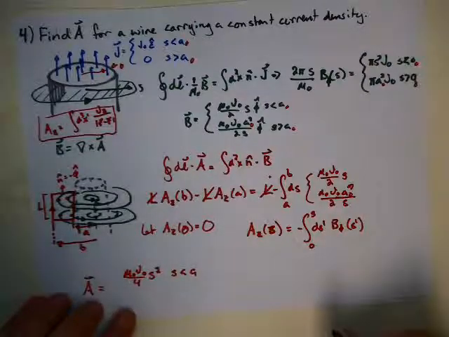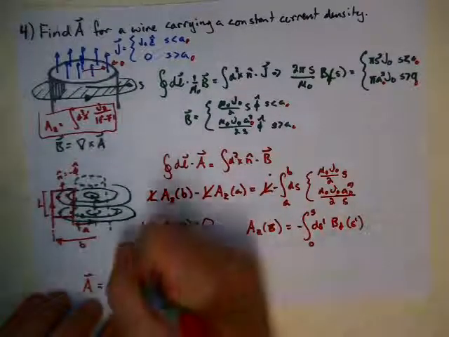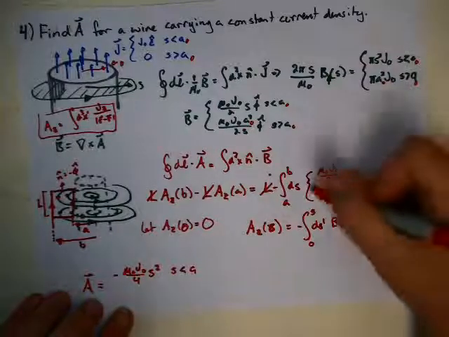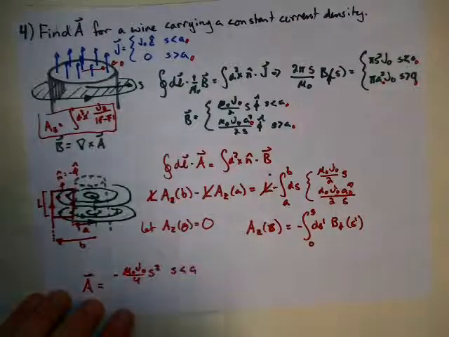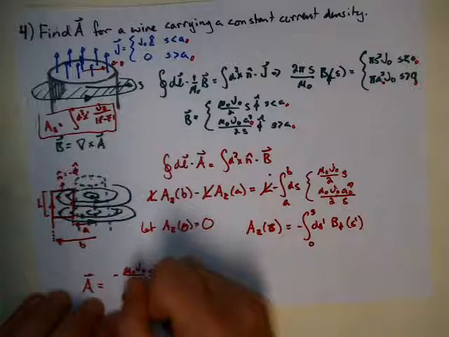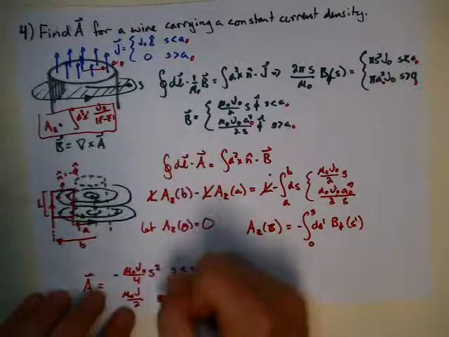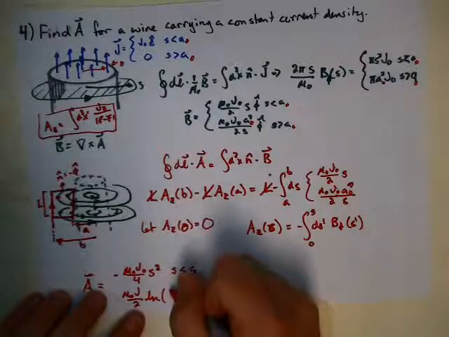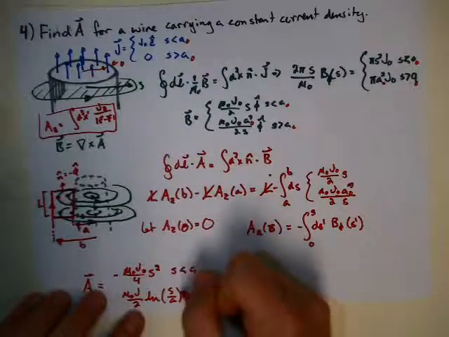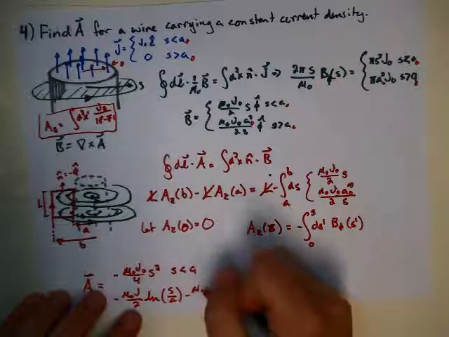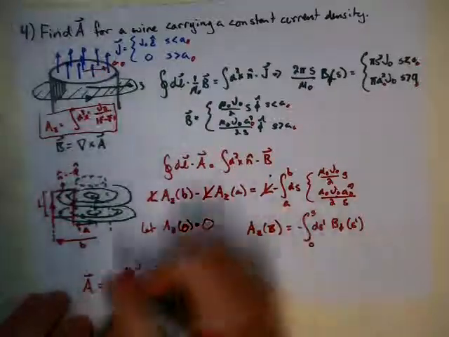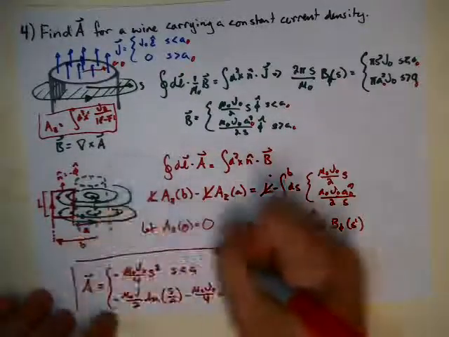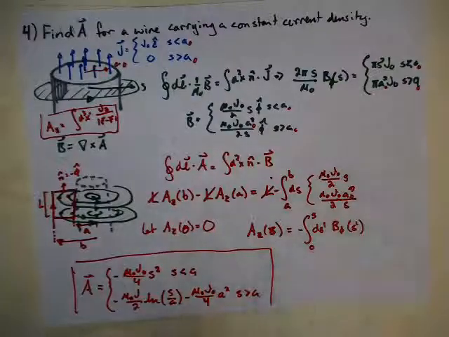For s greater than a, we're going to get the integral of 1 over s, which is log of s, and so this is going to be mu naught j over 2 log of s over a, minus mu naught j naught over 4 a squared, and this is for s greater than a. And so that's our expression for finding A.